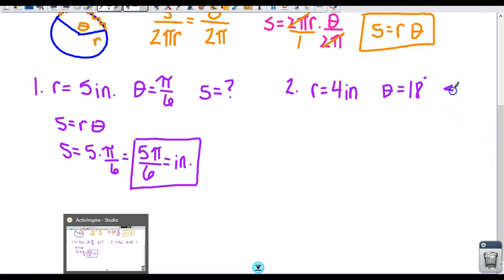And I want to know what the arc length is. Okay. Is 18 a special angle? It's not. So you got to do a little conversion because you can't just plug in the 18 degrees. It has to be in radians.